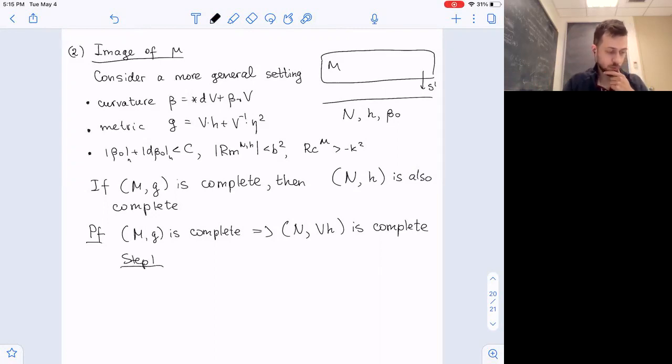And step one really is to use the fact that the curvature form is given by this expression. So in particular, this must be closed, of course, since it's a curvature form.